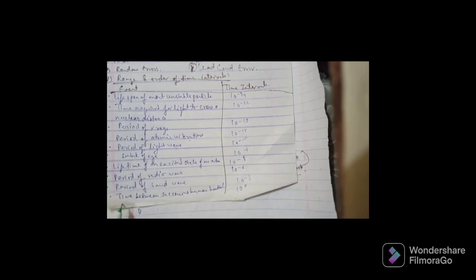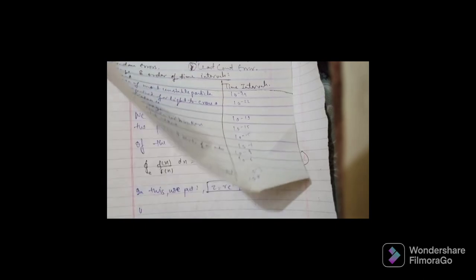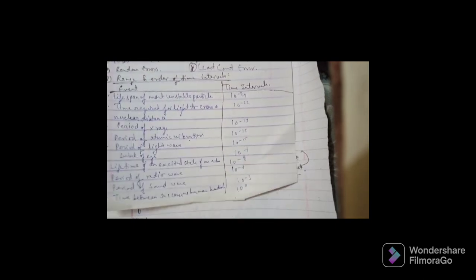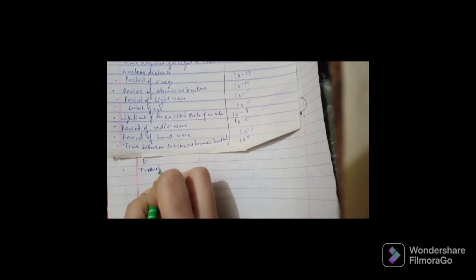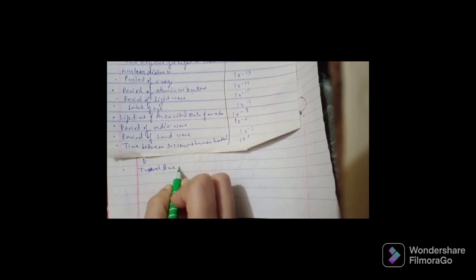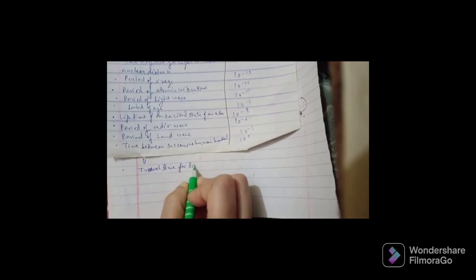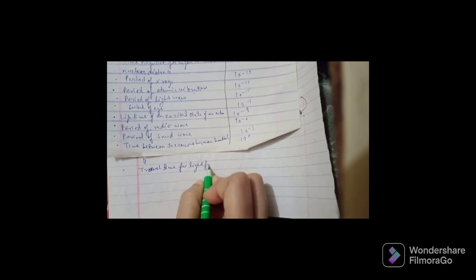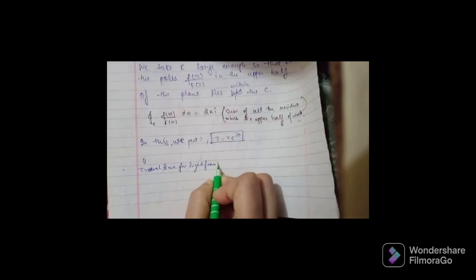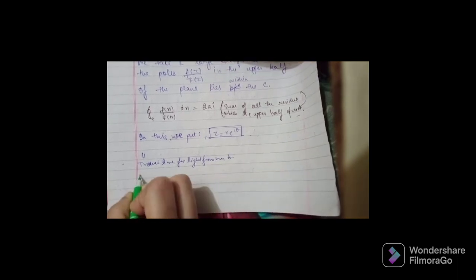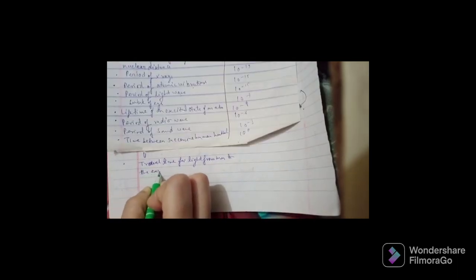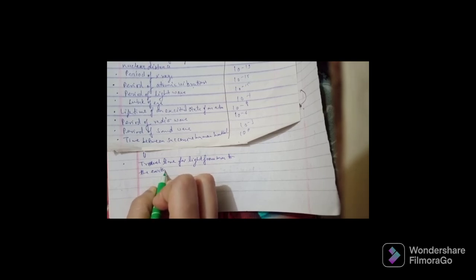Then you have another one on travel time for light. Travel time for light from the moon to the earth is 10 to the power 0.